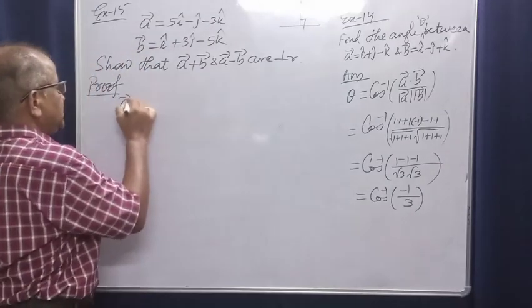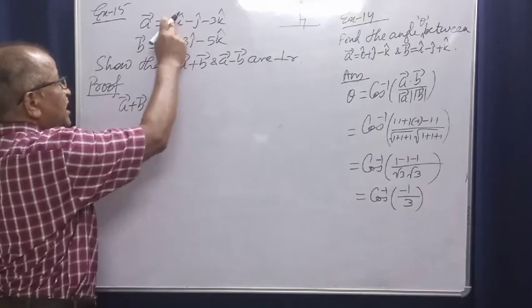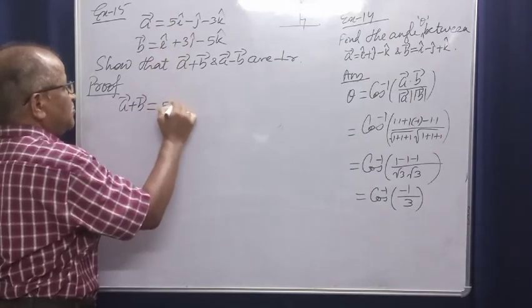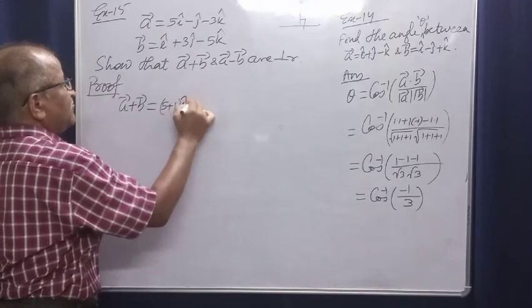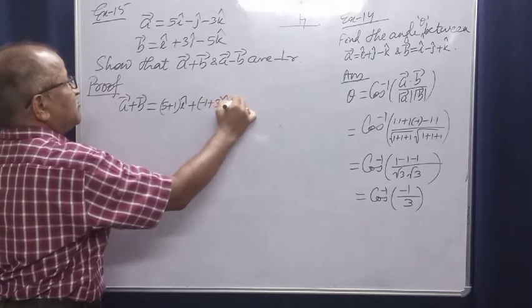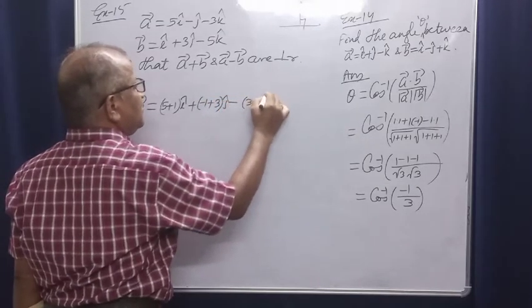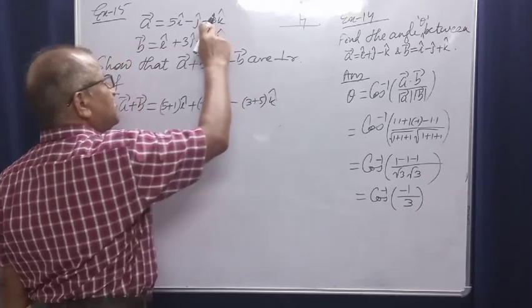First find out A plus B. What will be A plus B? Yes, we will add component wise. 5 plus 1 i cap, minus 1 plus 3 j cap, minus 3 minus 5 k cap, because both are minus.